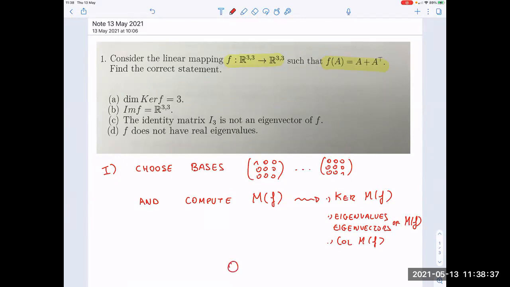An easier approach, when you have this kind of map which is not given explicitly in coordinates, is to think.